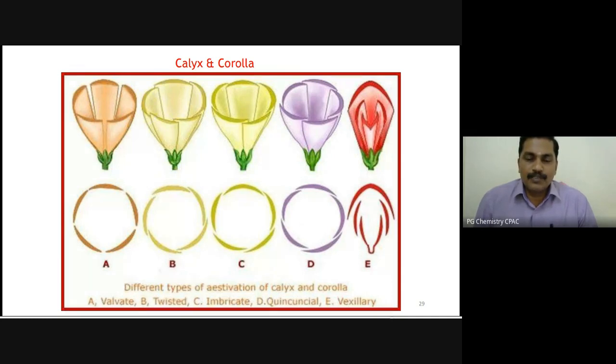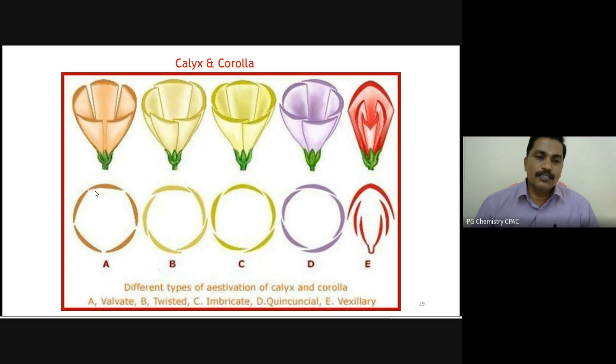First one is valvate. The calyx or corolla, the end is arranged opposite to opposite. One end directly meets another end. So that is called valvate estivation.